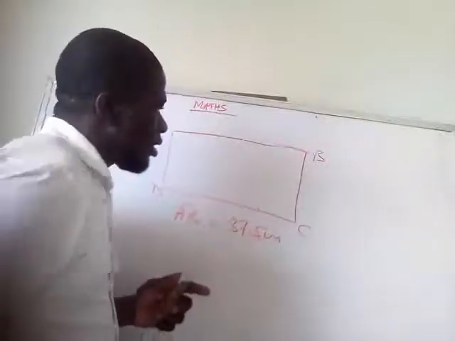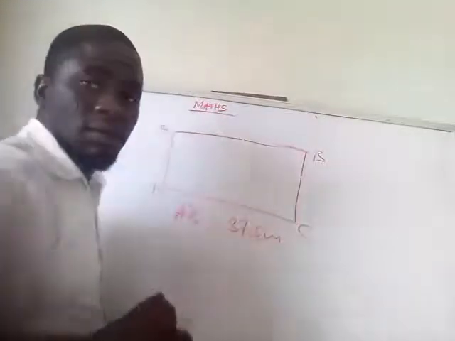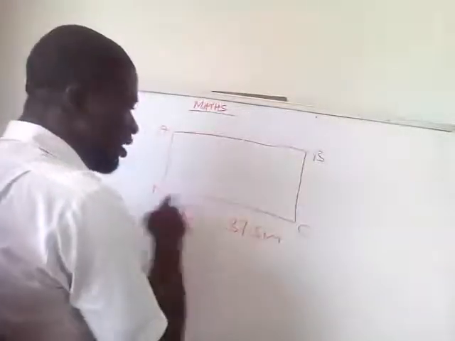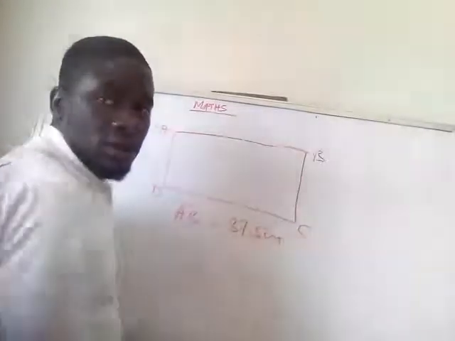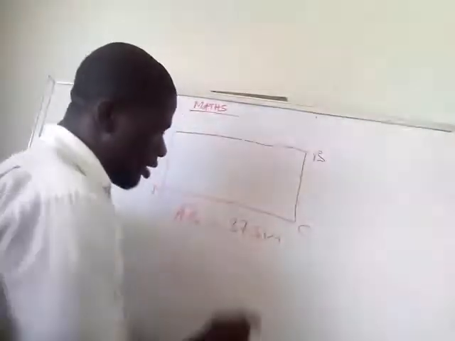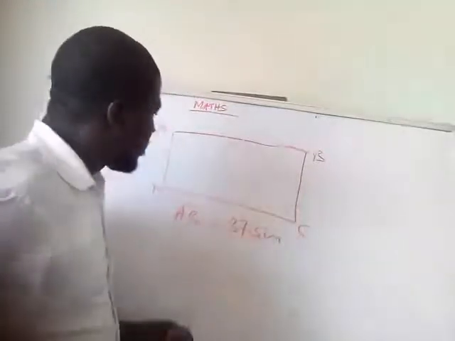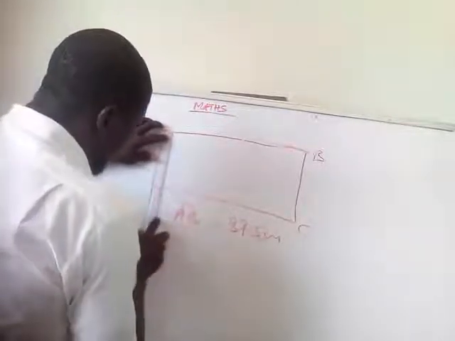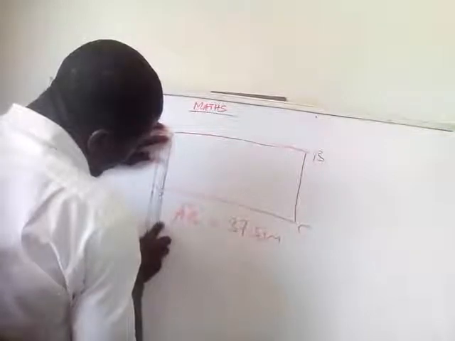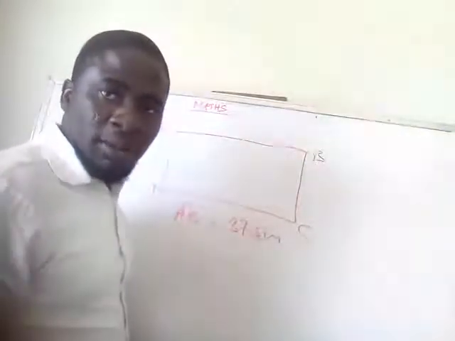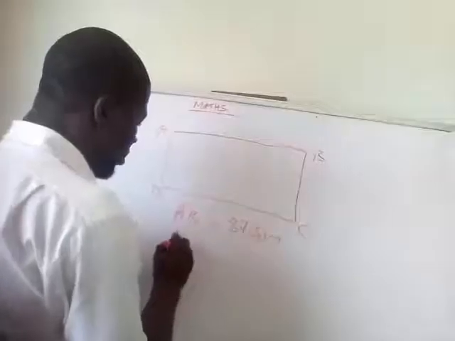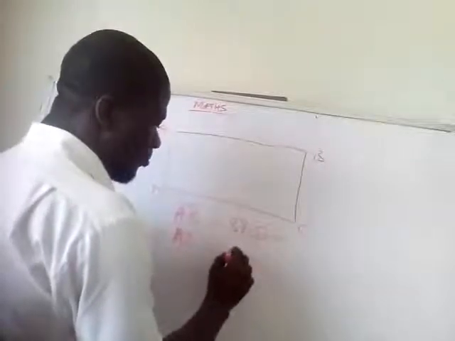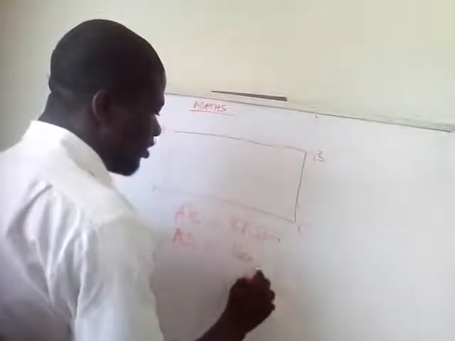You measure either BC or AD. They are supposed to be the same thing. So from here, AB is the same thing as CD or DC. You understand? So that's 37.5. Now we measure AD. AD is giving us 16 cm.